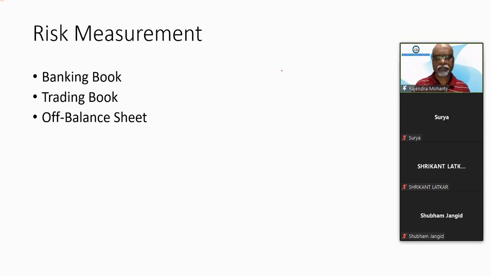So can we say the banking book is the balance sheet? No. See, the balance sheet is an annual statement where your assets and liabilities are indicated, showing the amount of assets. But the accounting process takes place in the ledgers and other ways. The accounting process does not take place in the balance sheet. Balance sheet is a summary.